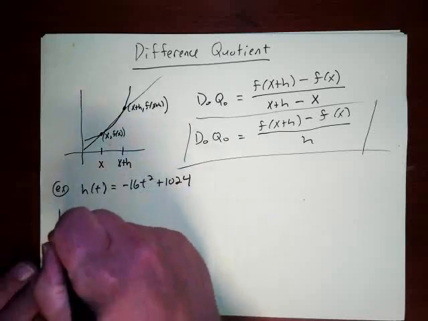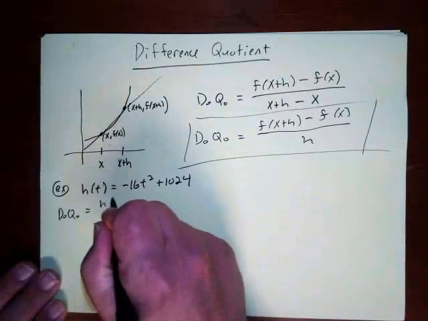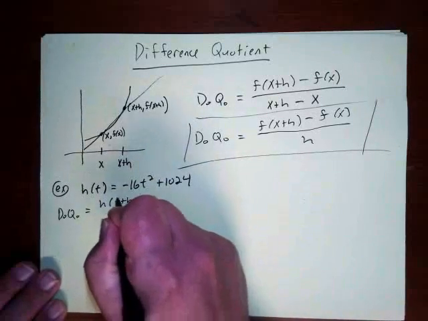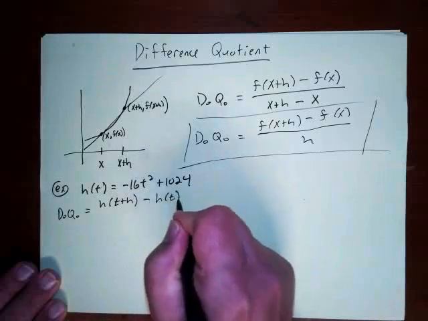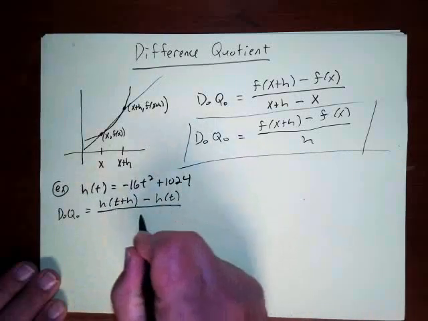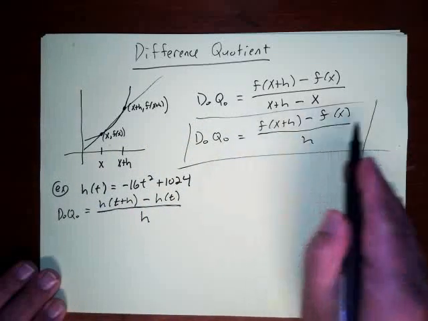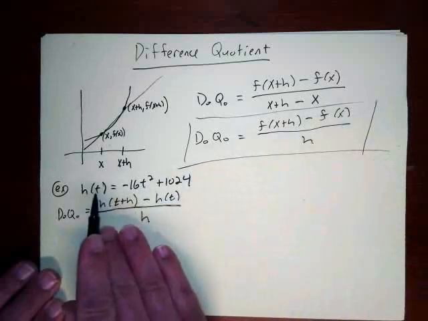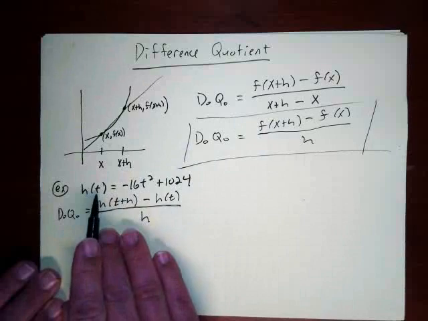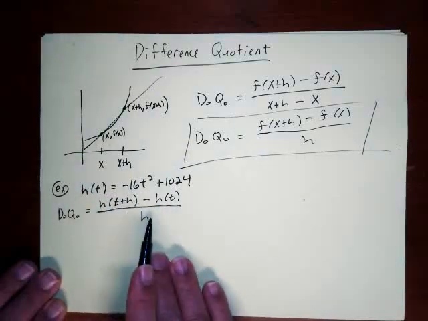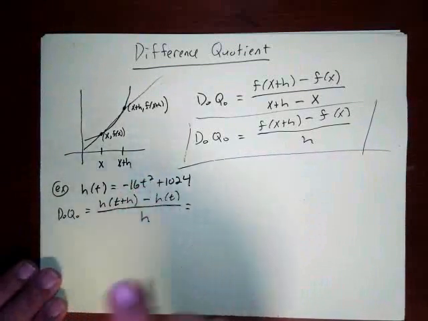If I do that, what I'm going to get will be h of t plus h minus just h of t, and all of that divided by h. So it's basically putting in the x plus h and x into h, but of course h is not h of x, it's h of t. Okay, so it looked like this. And so basically I'm putting t plus h into this function.